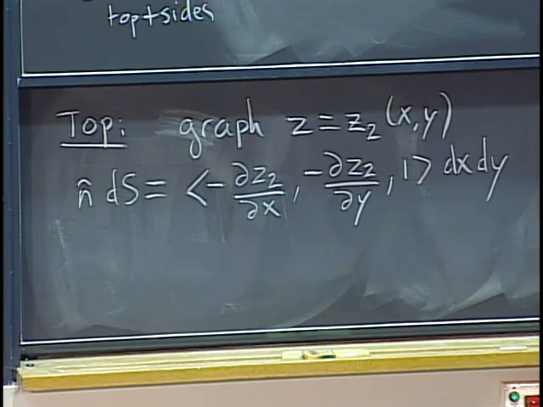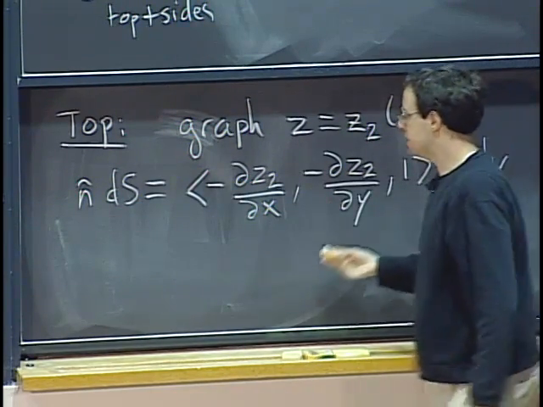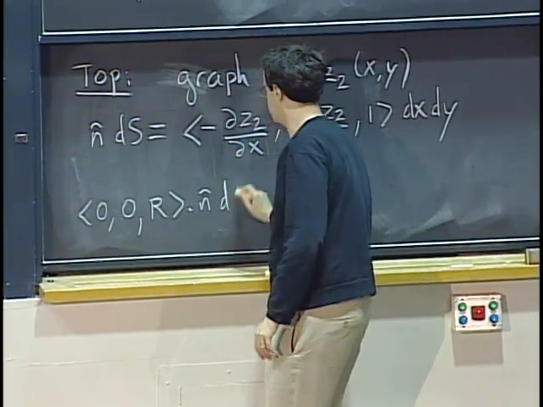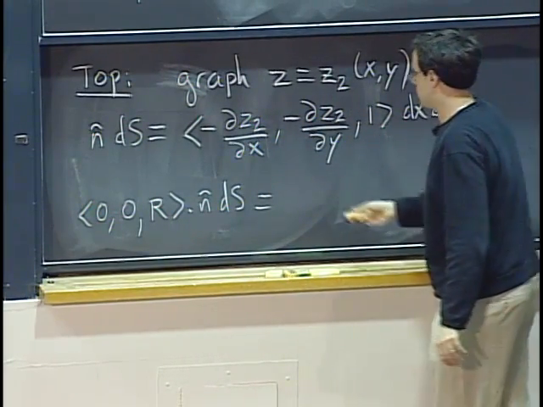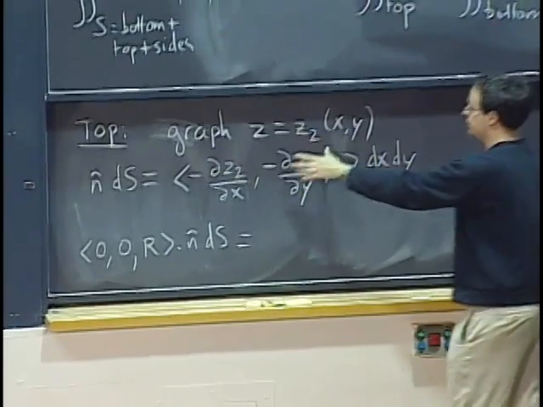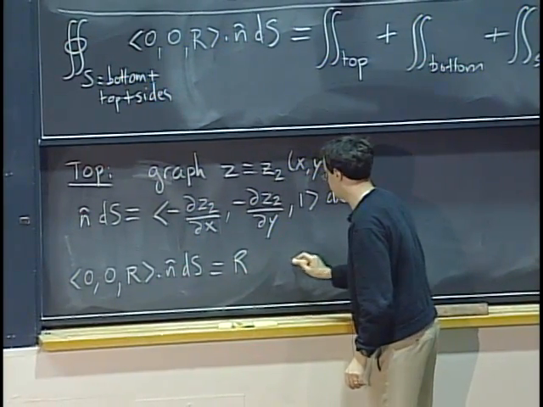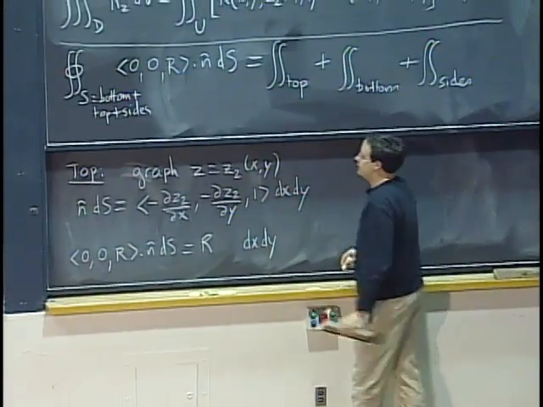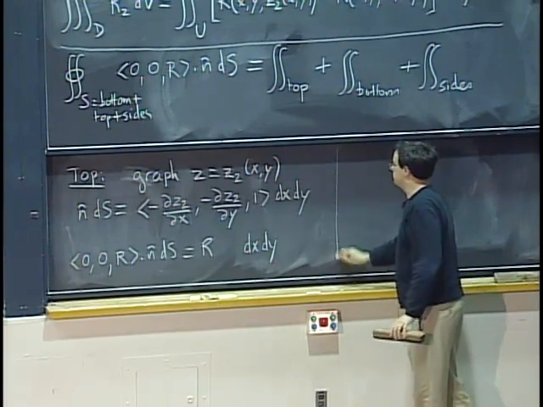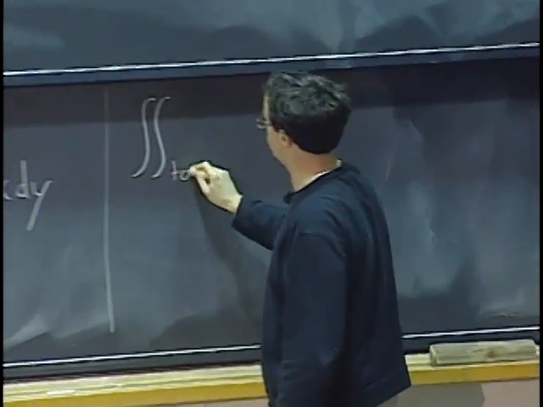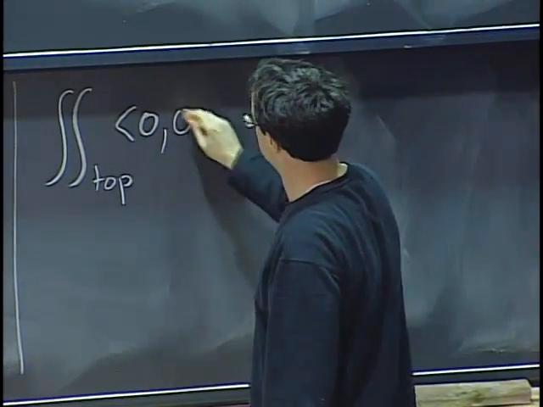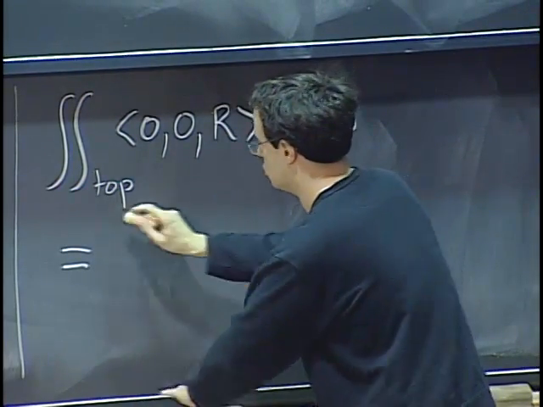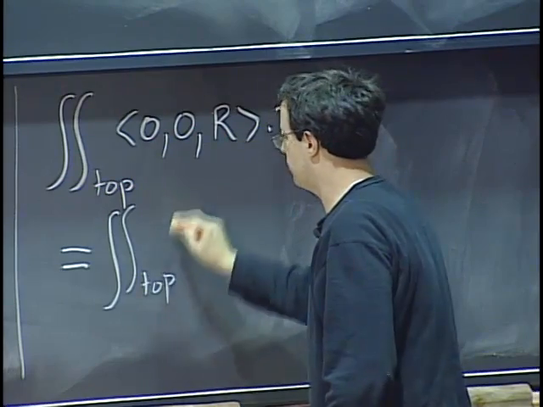We can't compute these, but it's not a big deal, because if we do the dot product with 0, 0, R, these terms go away. You just have R dx dy. So the double integral for the flux through the top of our vector field dot n dS becomes the double integral over the top of R dx dy.